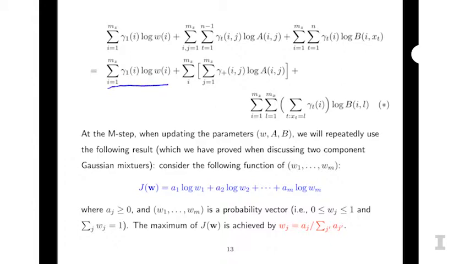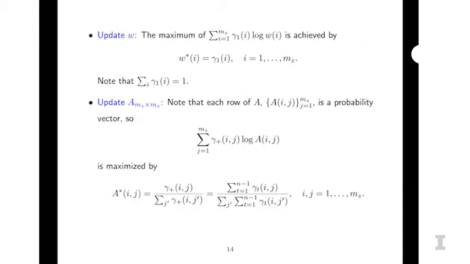Now we can use our result, and we know that we should set our w_i to be proportional to gamma_1i. But we don't need the normalization step here because gamma_1i, which is the probability of z_1 equal to i using the initial parameter value theta_0 conditioning on the data x, summed over i is already 1. So the optimal w_i is equal to this.